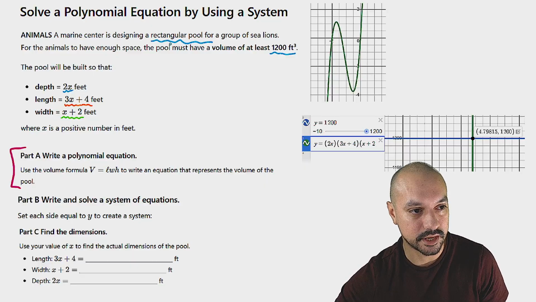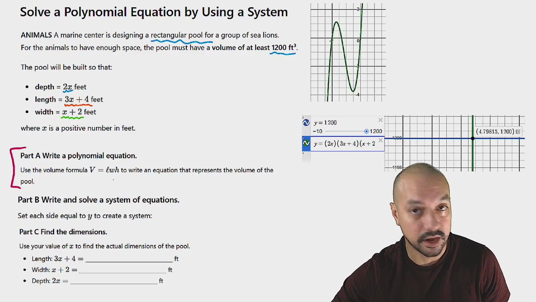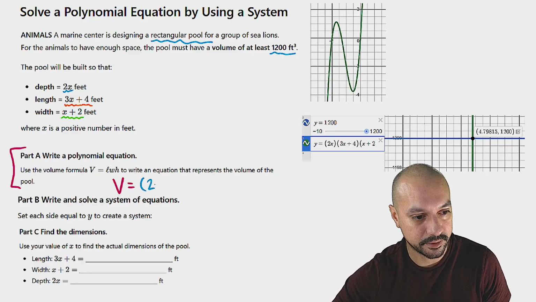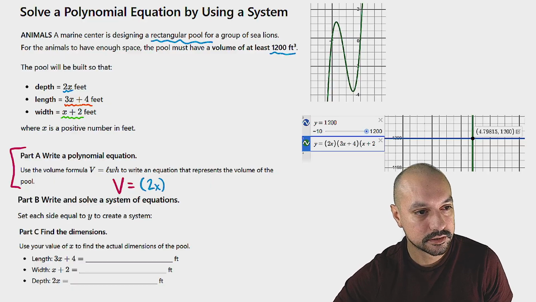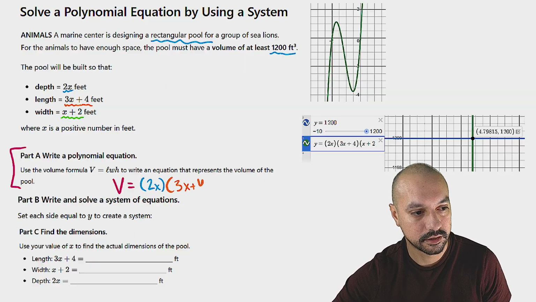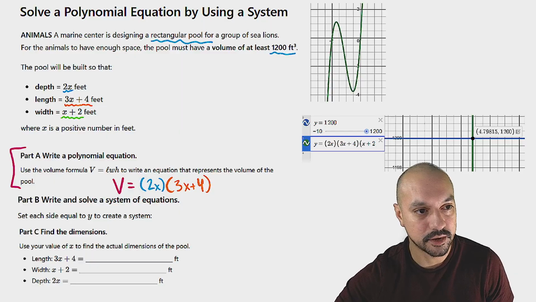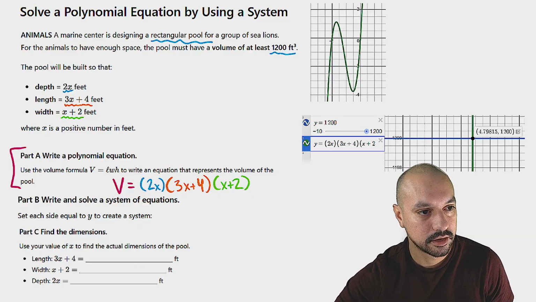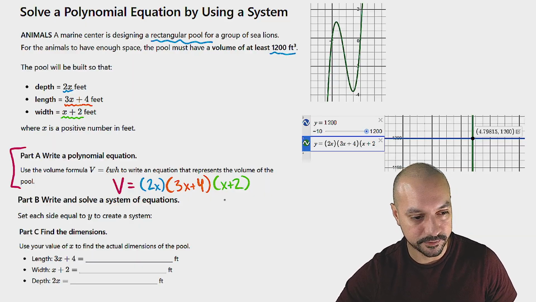So I can say that my volume equals my height, or in other words, my depth, times my length, times my width, and that's it. Now I have my expression for the volume.